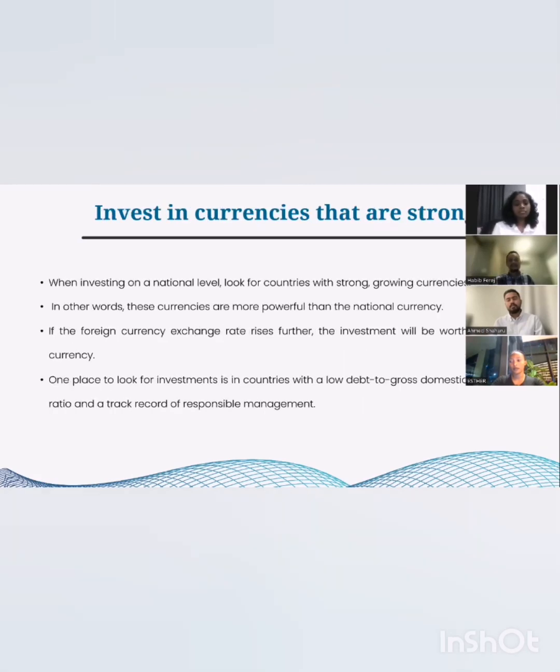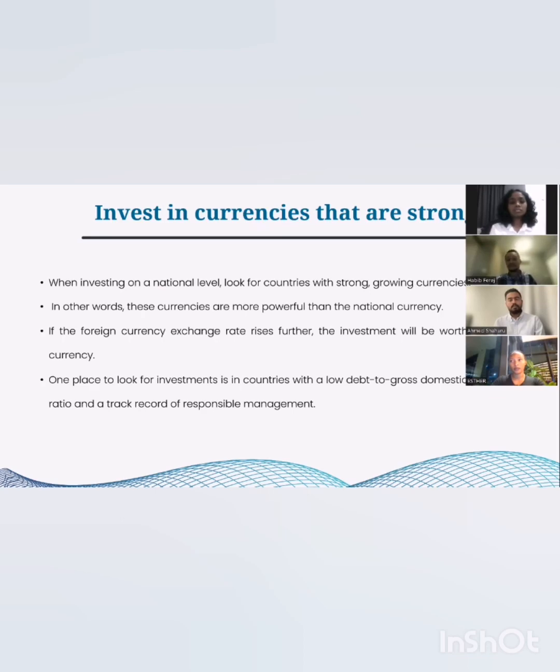The last is to invest in currencies that are strong. When investing on a national level, look for countries with a strong, growing currency. For example, the USD, which is very strong compared to many other currencies. In other words, these currencies are more powerful than the national currency.